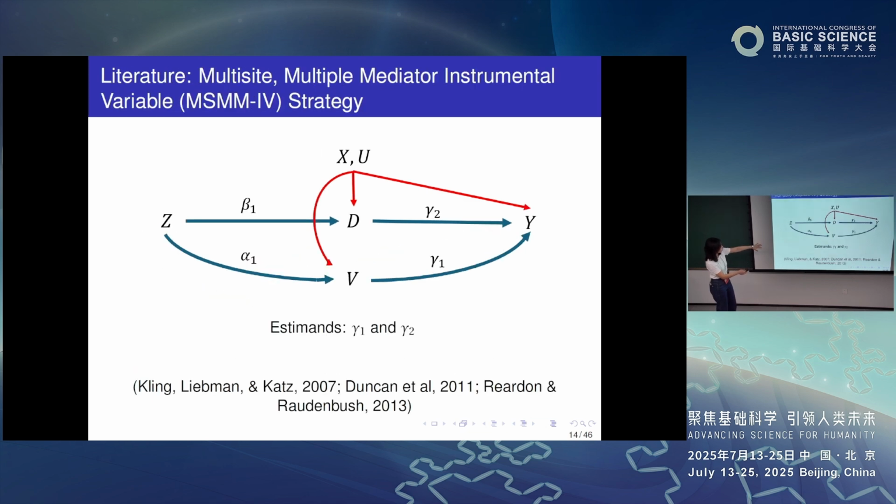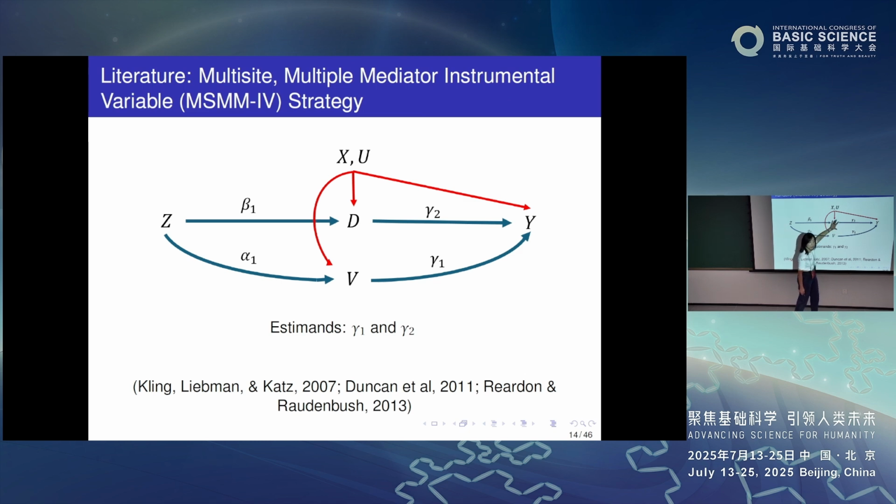First, what they are interested in is those two impacts, the impact of D on Y and the impact of V on Y. But notice that in their graph, compared to ours, they cannot allow V to have an impact on D. They are parallel.